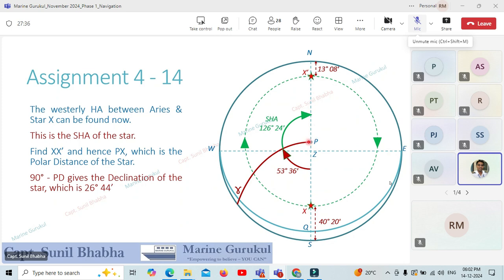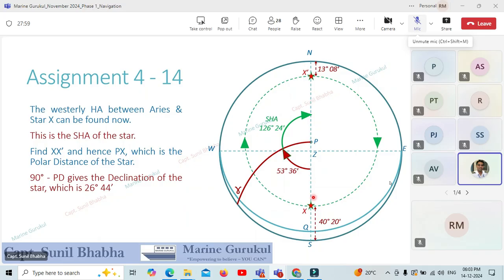This is the pole and point x or point x dash is the star. So px or px dash, both representing the radius of the circle, give me the polar distance of the star. Now we know 90 minus polar distance gives us the declination of the star.